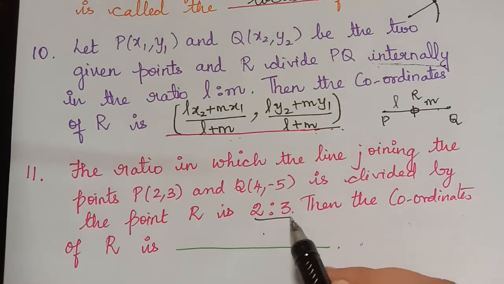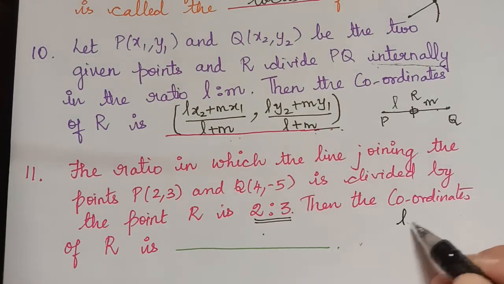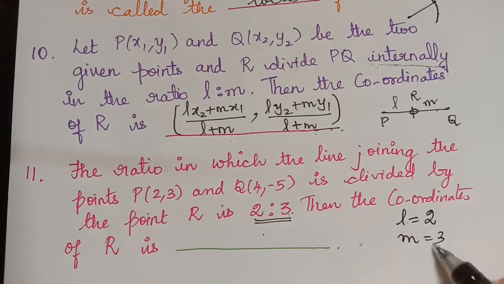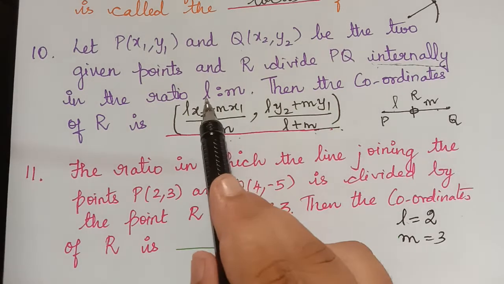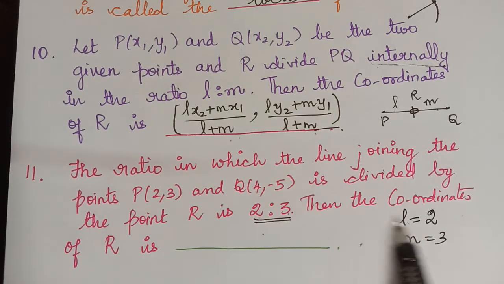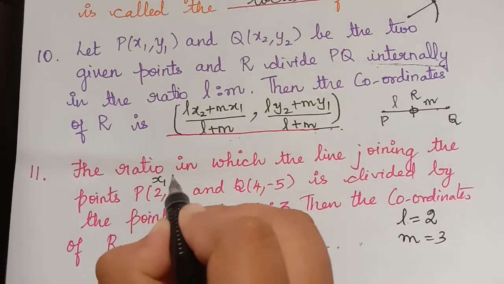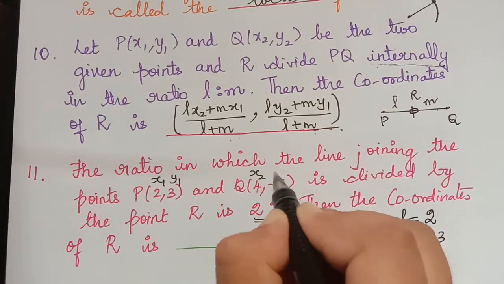It is given that it is divided in the ratio 2 is to 3, which means that the value of L is equal to 2 and the value of M is equal to 3, because it is in the ratio L is to M. And here this will be x1, y1 and this will be x2, y2.